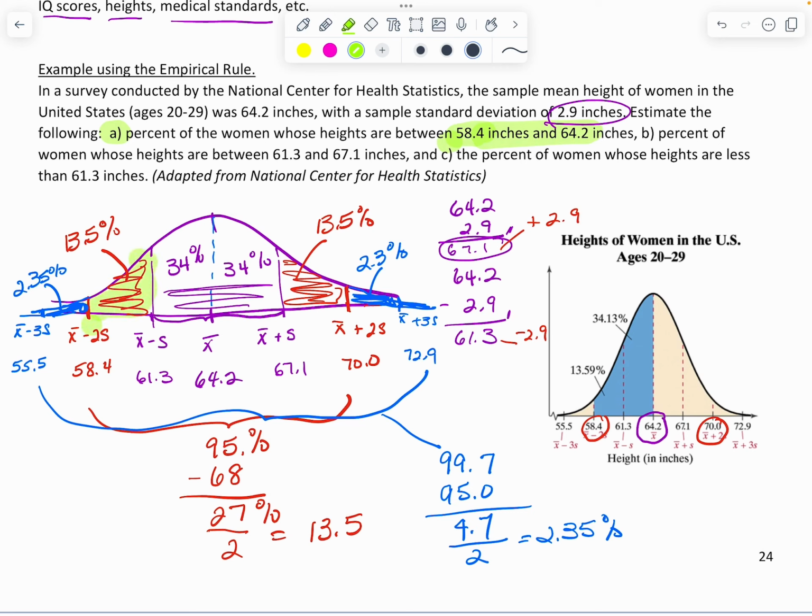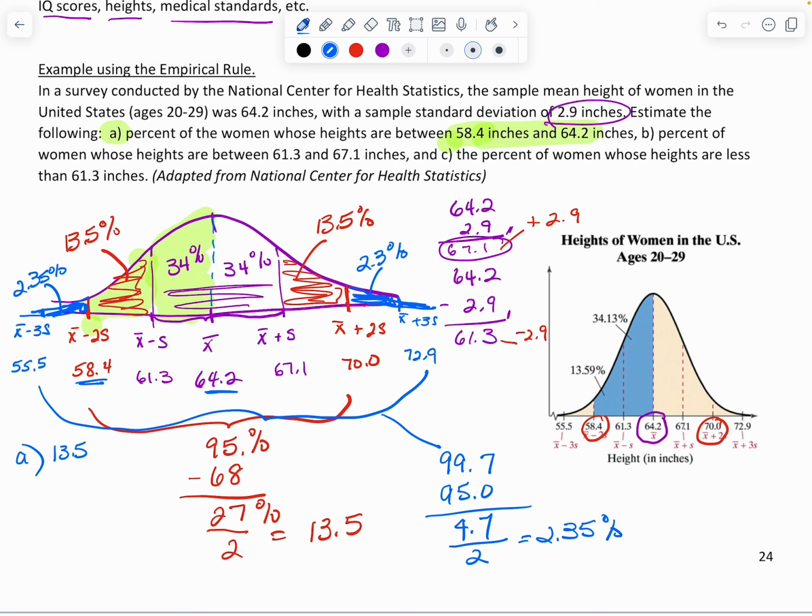That is this area and this area. That's what it's asking, between 58.4 and 64.2. So that's the two highlighted green areas.